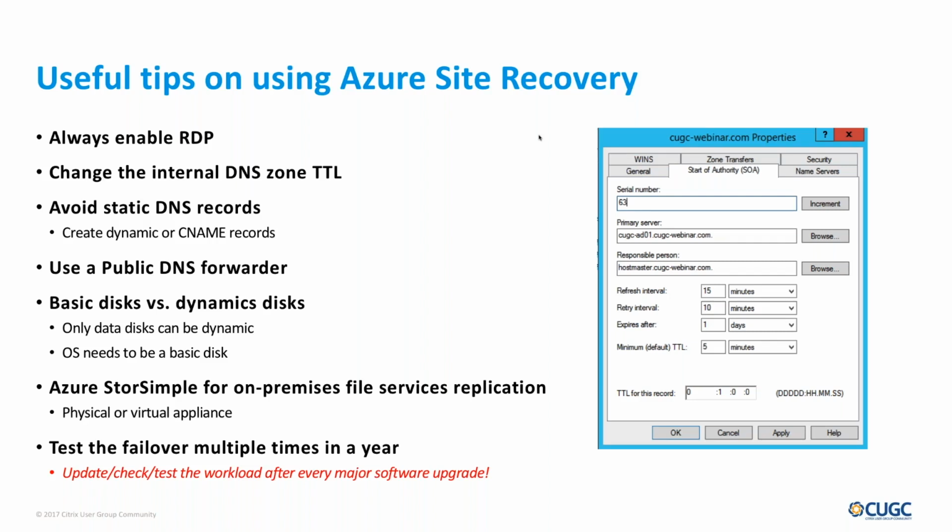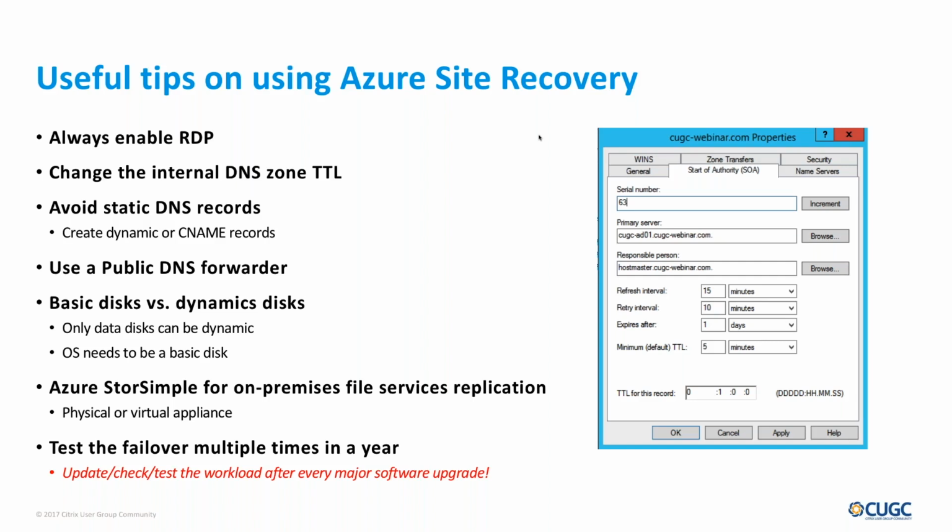Also, another option of Microsoft Azure I want to mention is Azure StorSimple. That is the file server service in Microsoft Azure to replicate a physical file server of your on-premise environment to Microsoft Azure. So if you have a large file server and you want to replicate it through Azure StorSimple, you can choose that option as well.